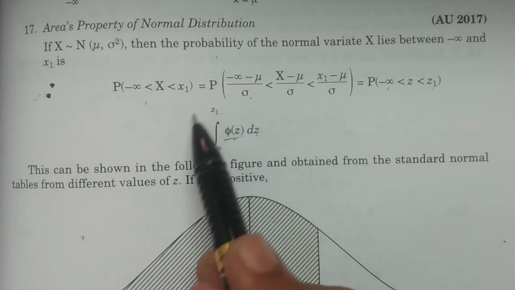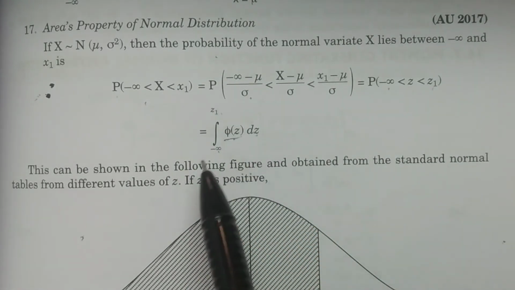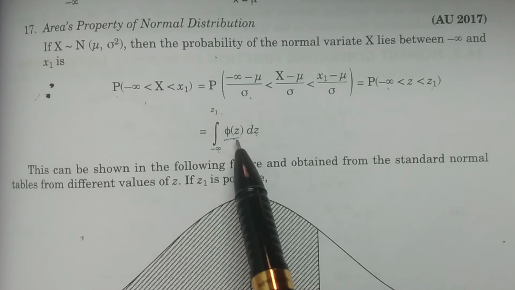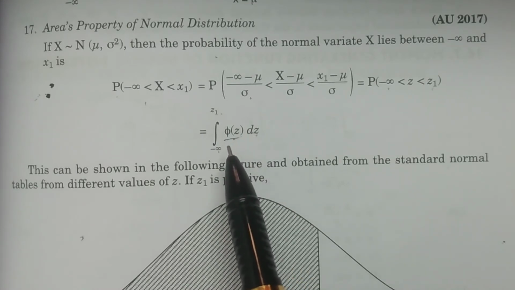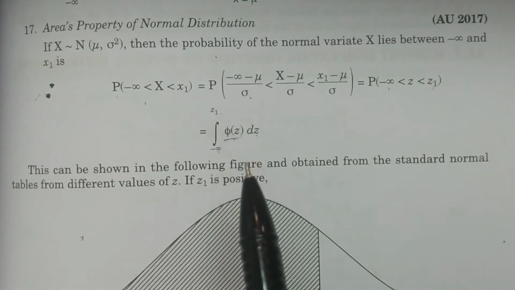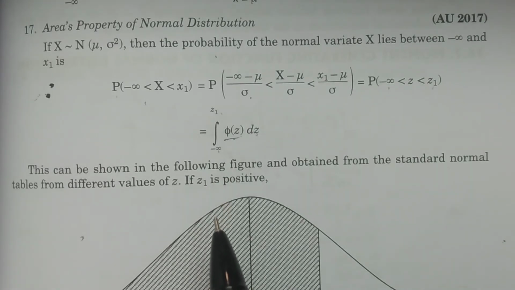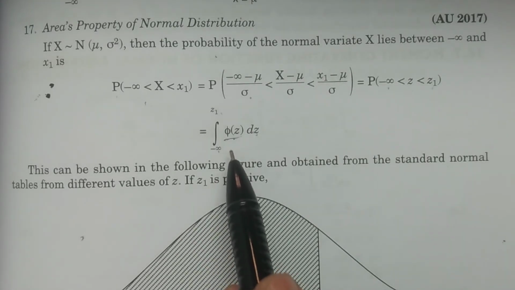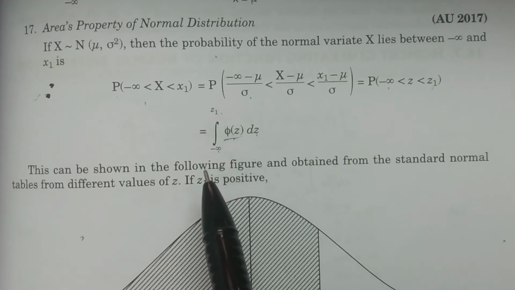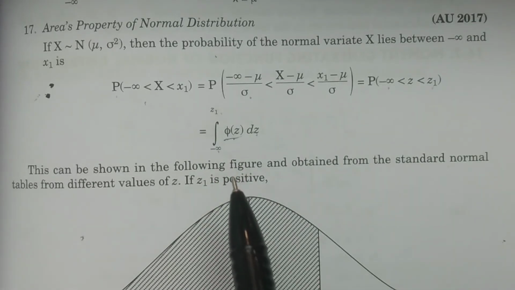Now what is this integral from minus infinity to z1 of phi of z dz? It is nothing but a probability. It is one particular probability curve. Using the probability curve, we can represent this. It is an integral like that.